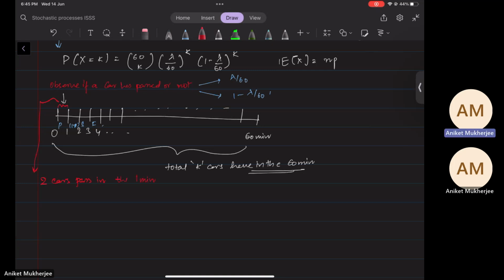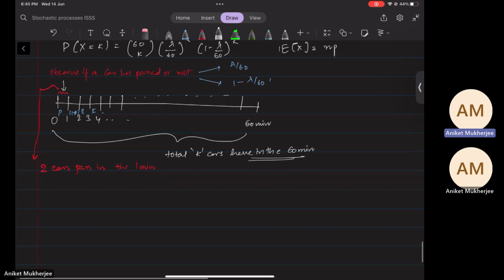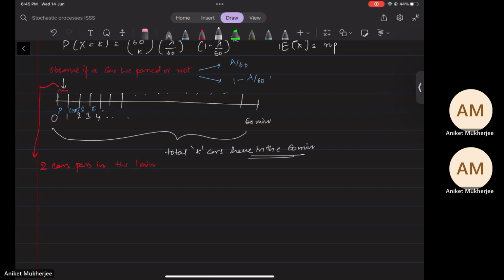So what you say is, okay, I can still decrease my granularity, and now I'll calculate the probability that X equal to k for seconds: 3600 choose k, lambda by 3600 whole power k, into 1 minus lambda by 3600 whole power 3600 minus k.